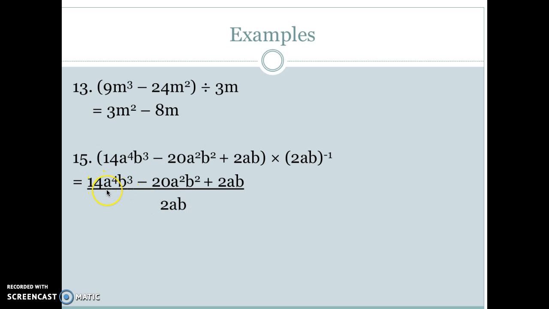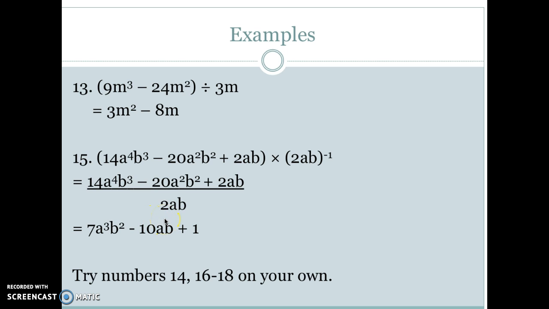So we have 14a to the 4th power times b cubed divided by 2ab. 14 divided by 2 equals 7. A to the 4th divided by a equals a to the 3rd. B cubed divided by b equals b squared. And negative 20 divided by 2 equals negative 10. A squared divided by a equals a. And b squared divided by b equals b. And then 2ab divided by 2ab equals 1.